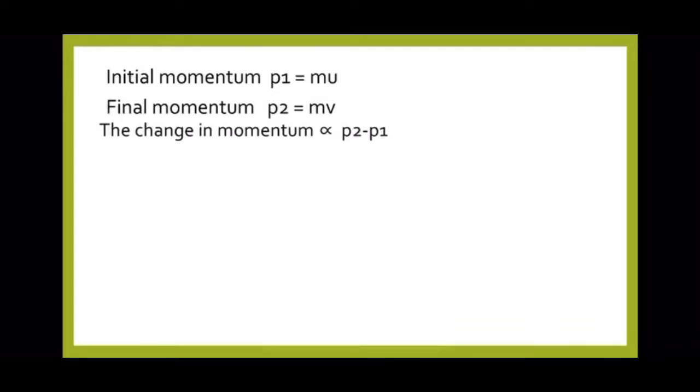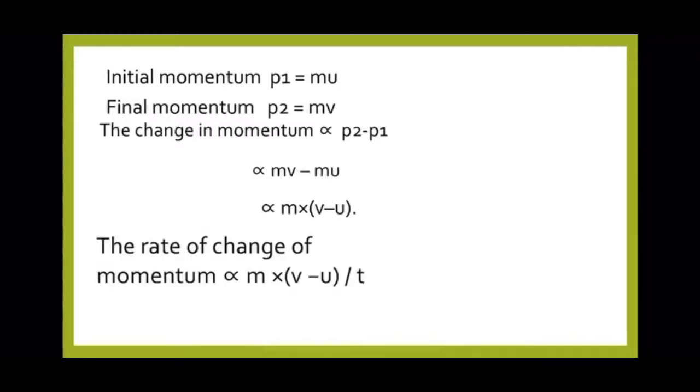The change in momentum is proportional to p2 minus p1, that is, final momentum minus initial momentum. Then substitute for p2 and p1: p2 is mv, minus p1 is mu. Here m is a common parameter, so we can take it out. So we can write the change in momentum as proportional to m into (v minus u).